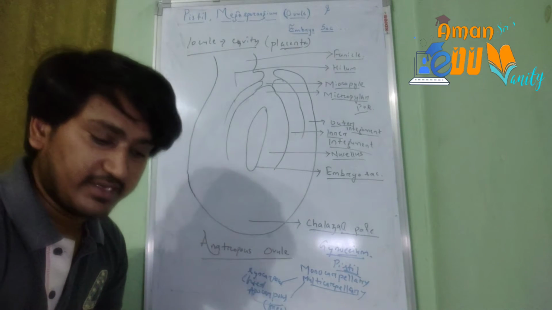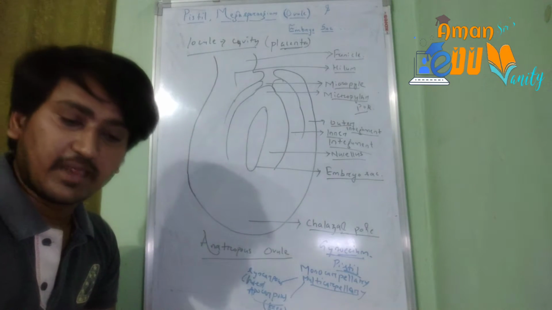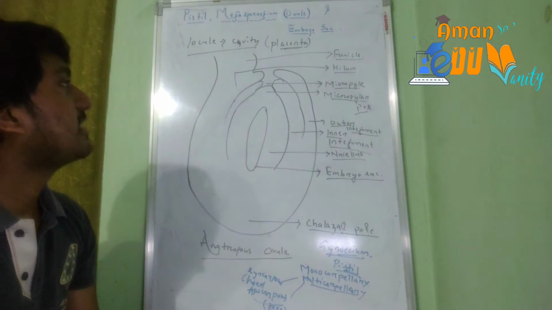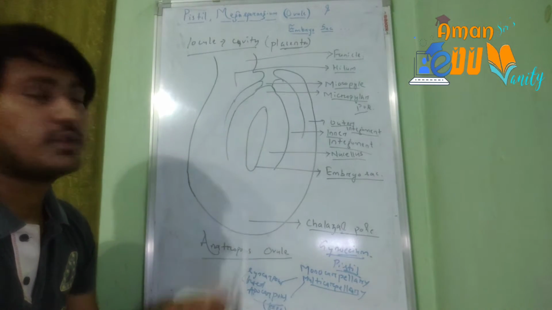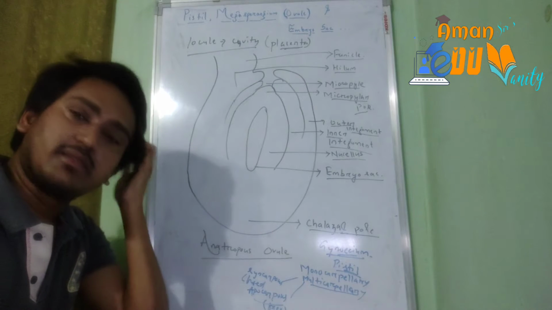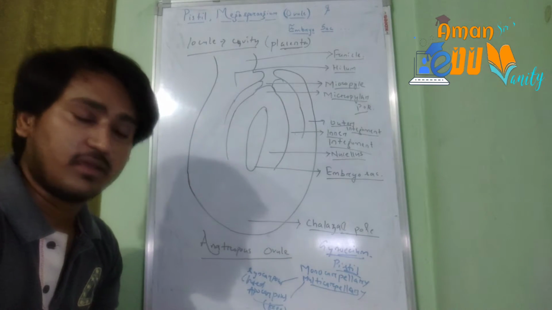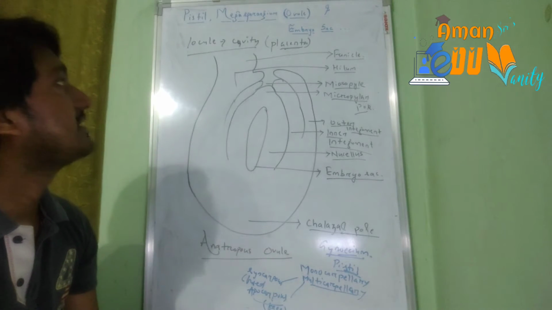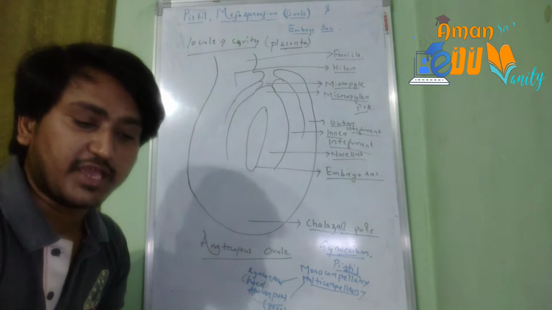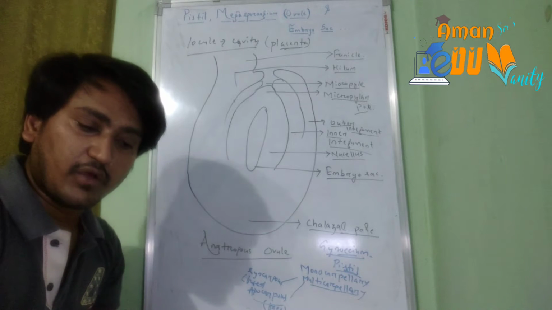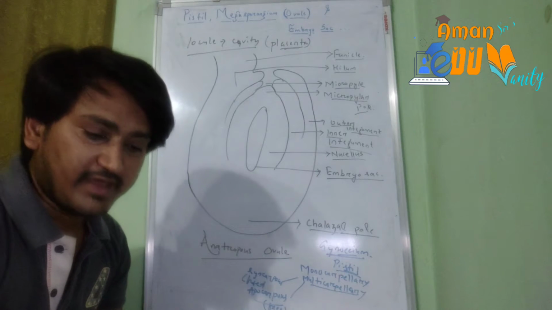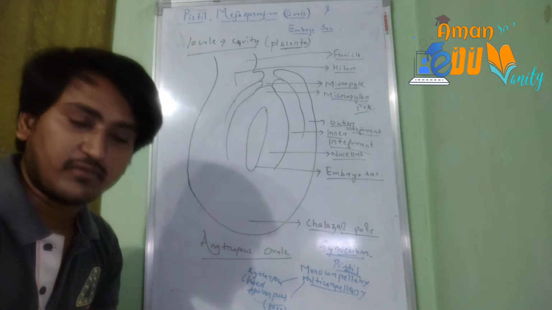Arising from the placenta are the megasporangia, or the ovules. Each ovule arises from the placenta, and commonly they are called ovules, and biologically we can term them megasporangia. The number of ovules may vary in different species of flowers.